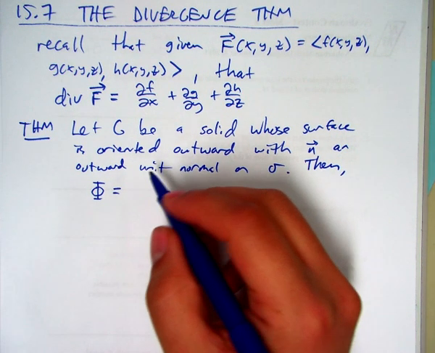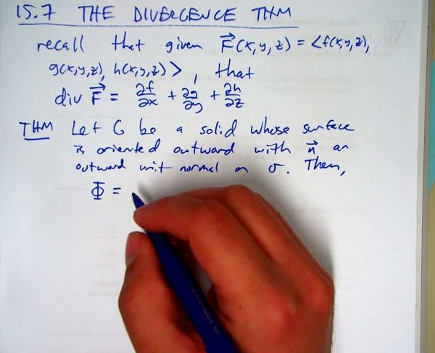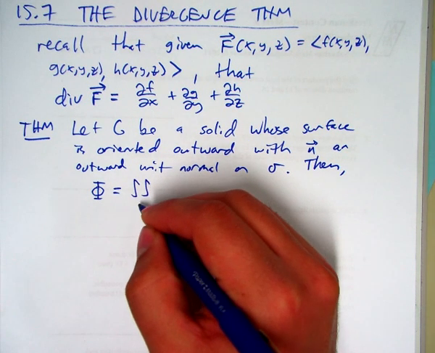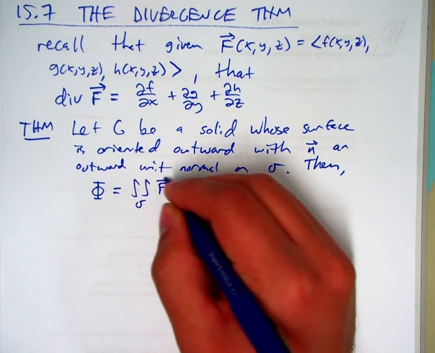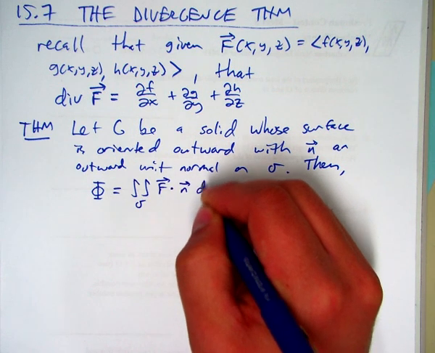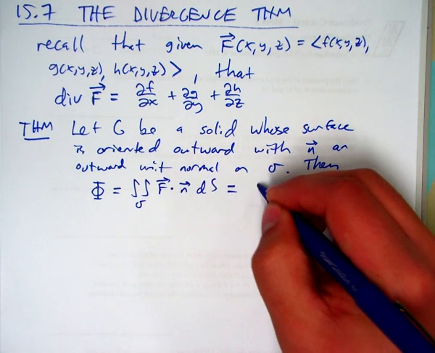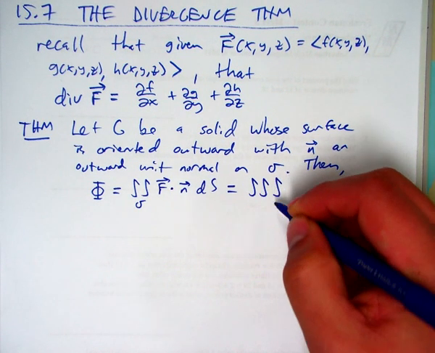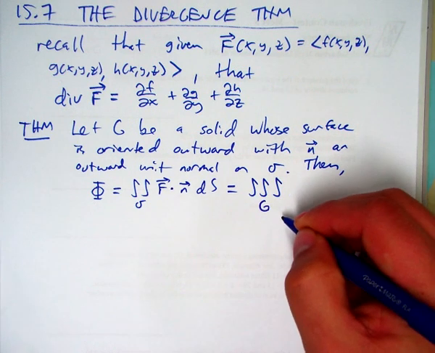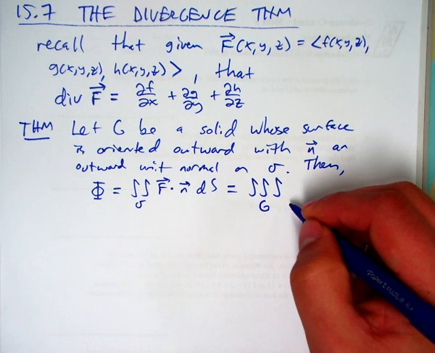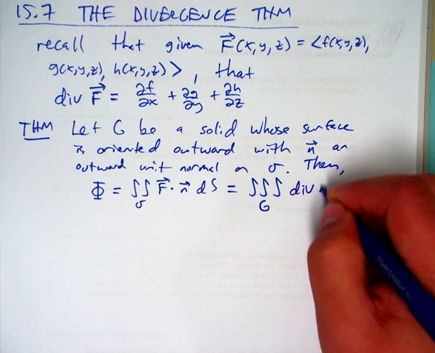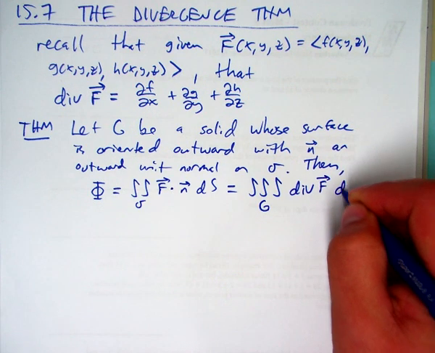If we look specifically at a closed surface, then we can apply the divergence theorem, which says that the flux can be calculated using a triple integral over the solid represented by G of the divergence of the vector field, dV.